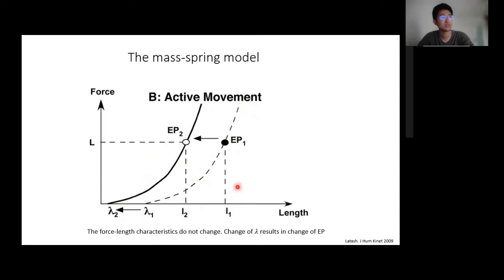At the initial position, before the shift, the system was balanced at the length L1 and the load L. This is the static case. However, once you change your zero length, and assuming the external condition does not change, the same load will define a new equilibrium position L2. So after the shift, the system has a new equilibrium, EP2 here.